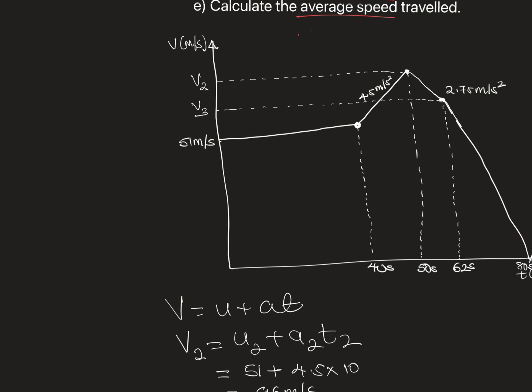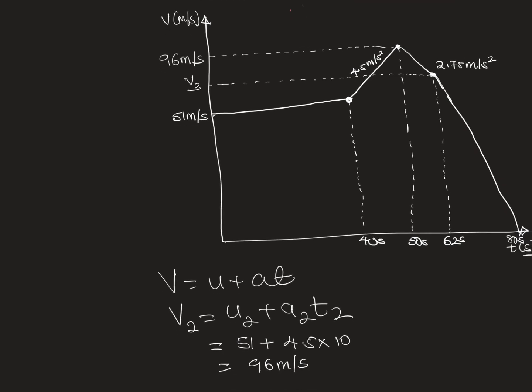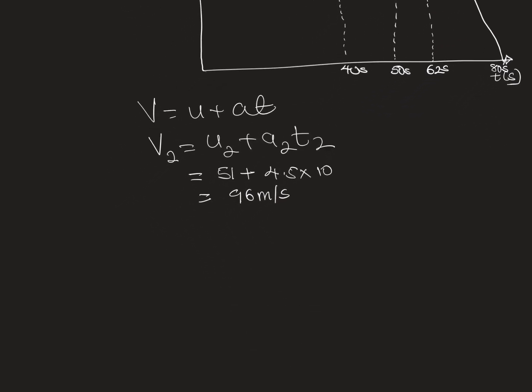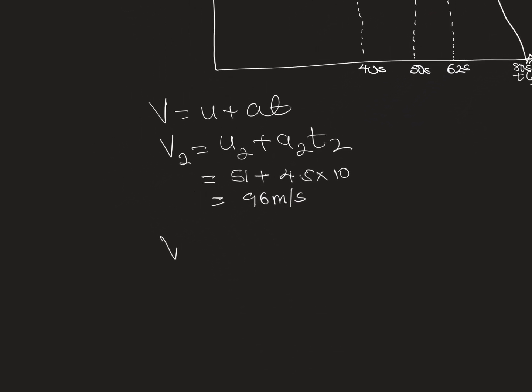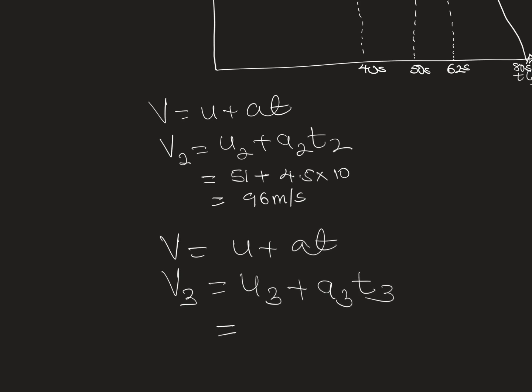V2 is 96 meters per second. Now again, using v = u + at, v3 = u3 + a3 t3. I'm trying to find the final velocity of the third event.